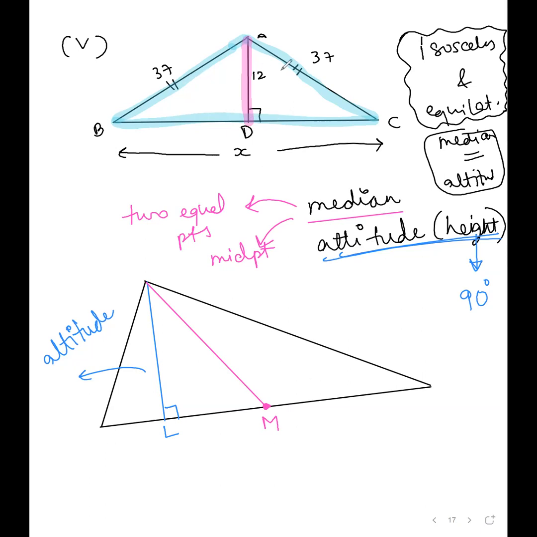But हमें क्या पता है कि isosceles triangle है, तो ये जो altitude है, it will also be the median. So what does that mean? कि ये जो BD वाला part है, from here till here, this part will be equal to this part. So अगर ये पूरा BC वाला part, this whole thing is X, so this smaller part will be how much?